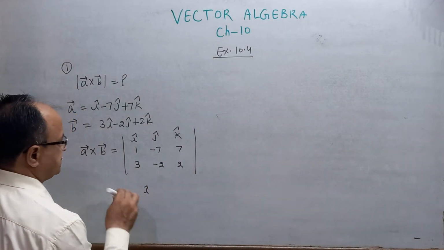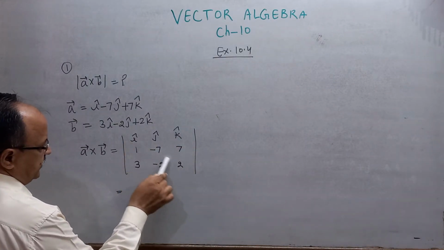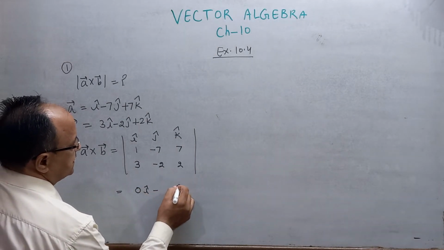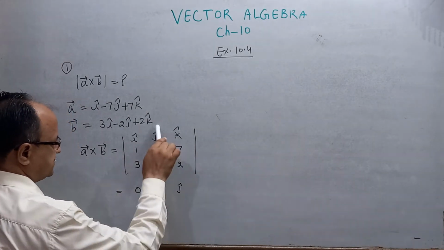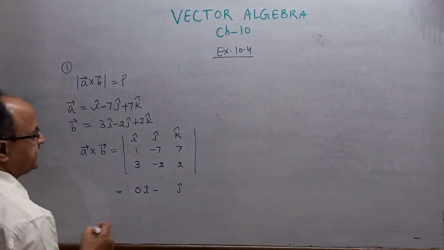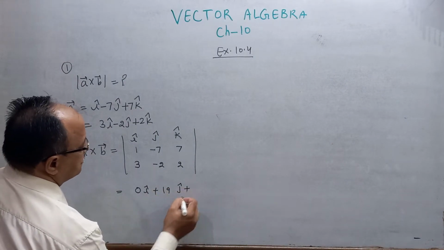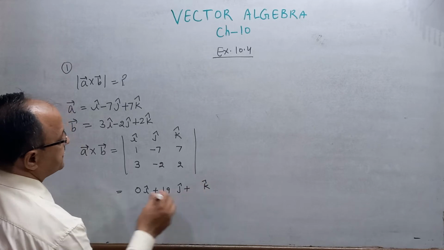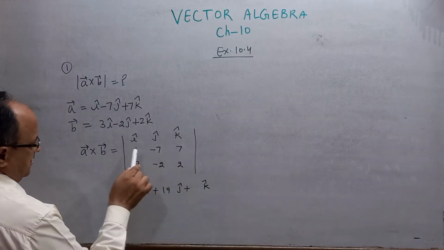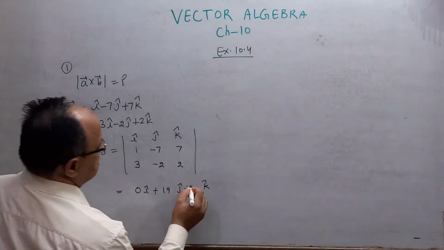First row, first column: minus 14 plus 14, that is 0. Minus J cap: first row, second column: 2 minus 21, that is minus 19. Therefore plus 19 J cap. Plus K cap: first row, third column: minus 2 plus 21, that is 19.